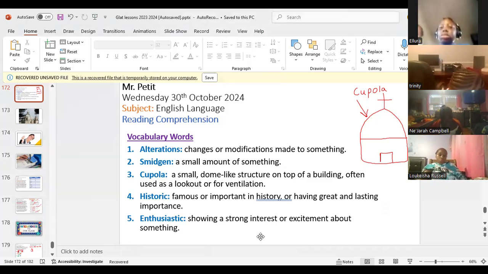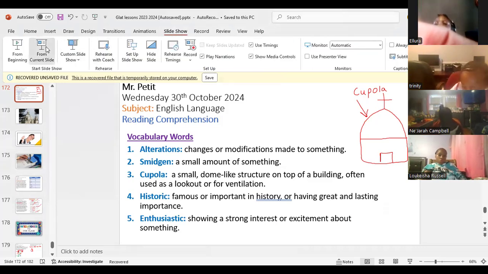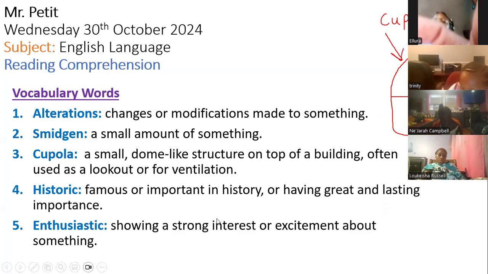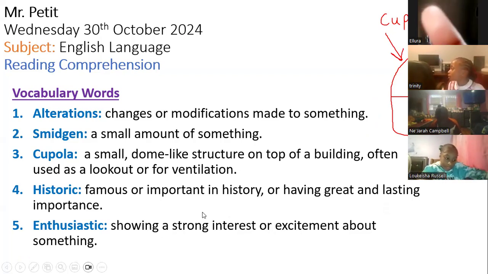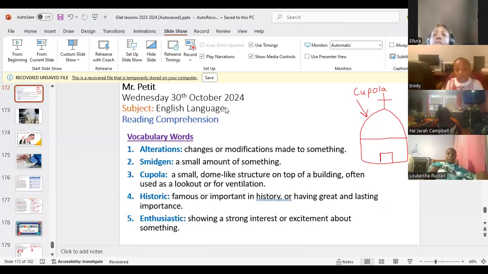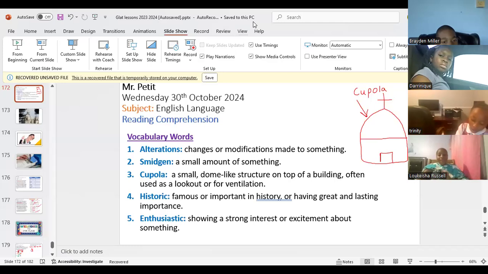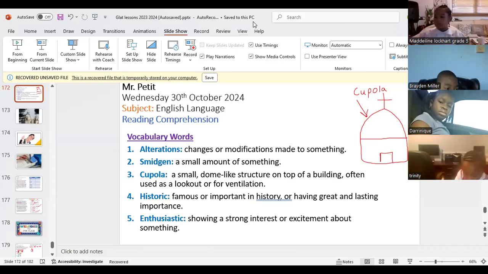You have to unmute your mic. Showing a strong interest or excitement about something. Very good. Tajane, read the definition of enthusiastic for me. Enthusiastic. Showing a strong interest or excitement about something. Very good.